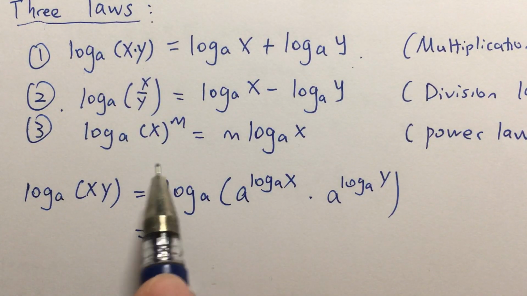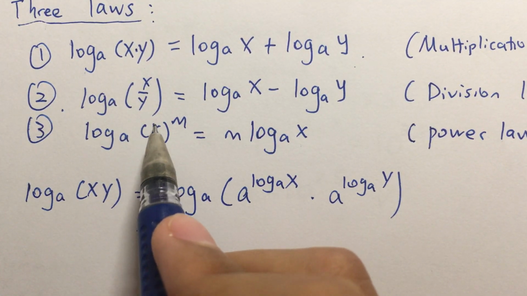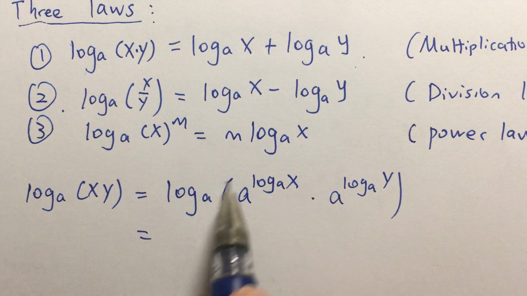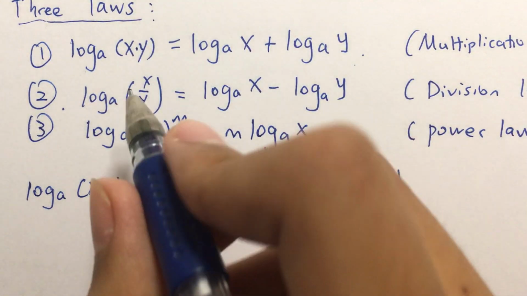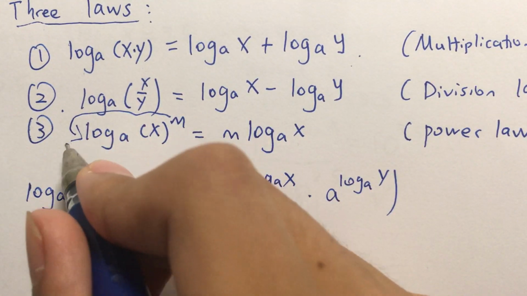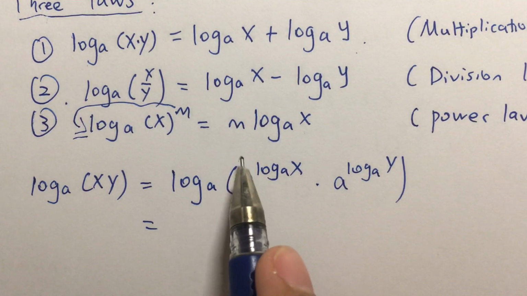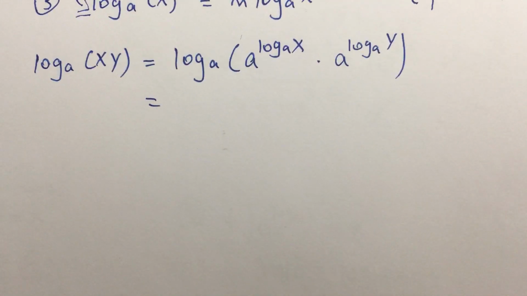And this one is most interesting, which is log base a of x^m becomes m log_a x, which we can do simply by moving this m into the front. Okay, let's prove these three laws.